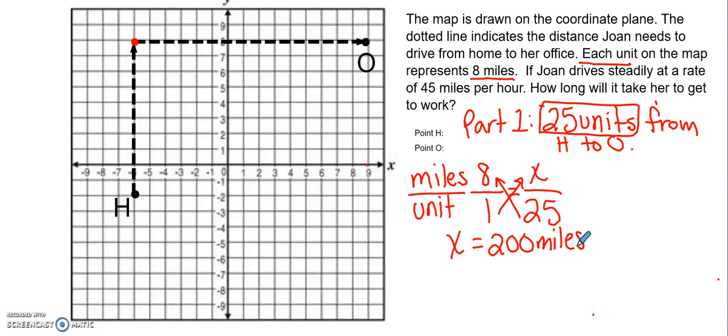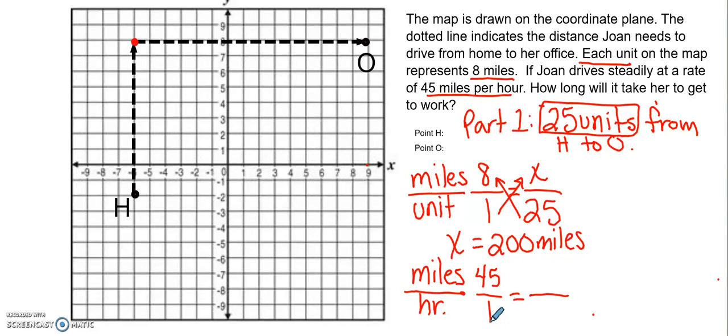So the next part is another proportion. I know that she's traveling 45 miles per hour. Go ahead, press pause, and write your proportion for that one. Hopefully you had that it was miles per hour, and the proportion should look like this: 45 miles per 1 hour.